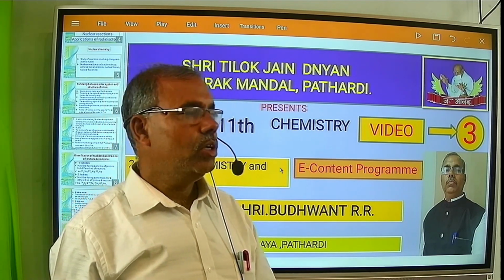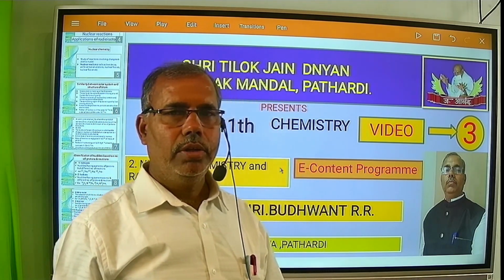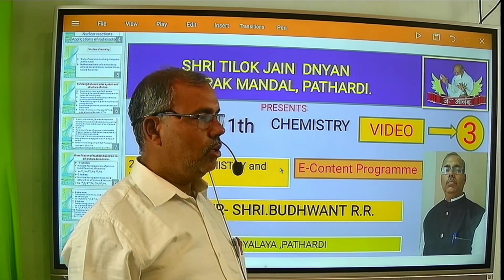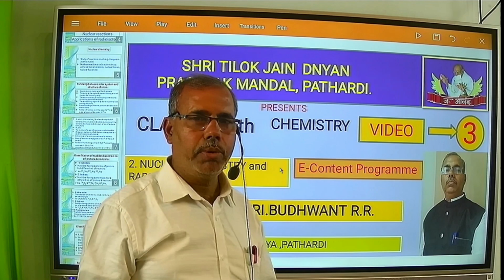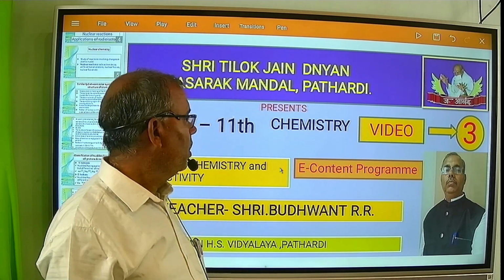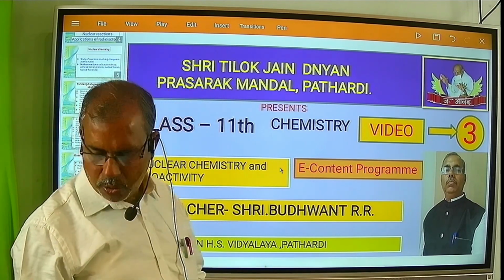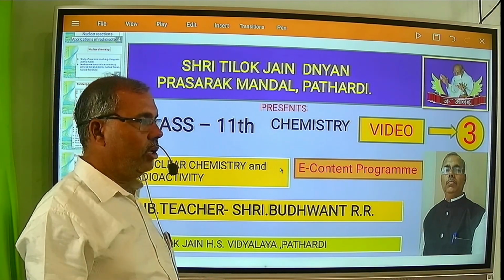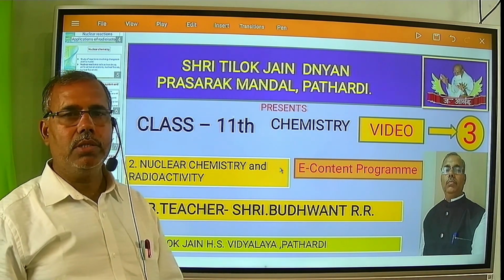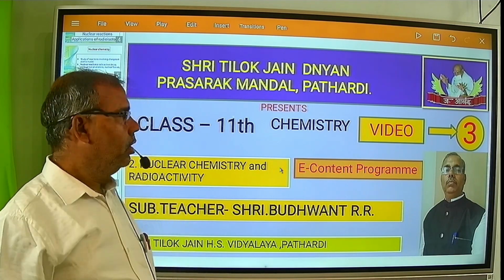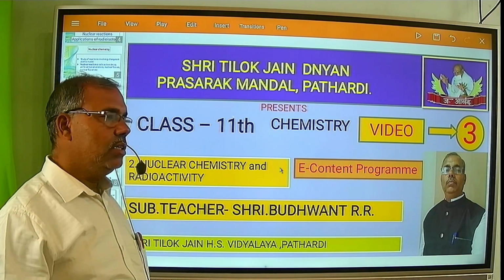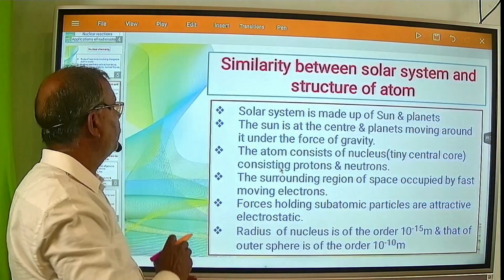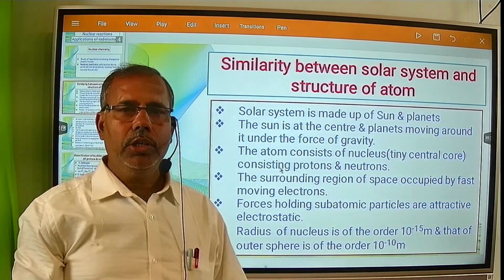So let's say there is the nucleus at the center. So the atom consists of the nucleus, that is the tiny central core. Tiny म्हणजे खूप छोटा, it is very small. Central core part present at center, consisting of protons and neutrons.